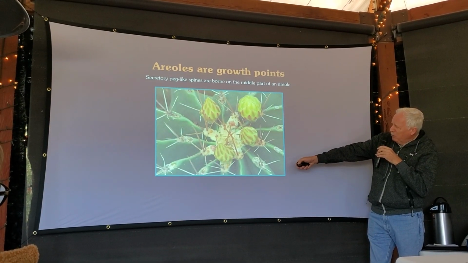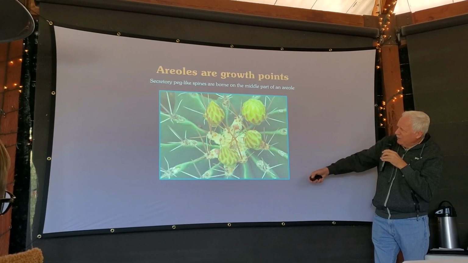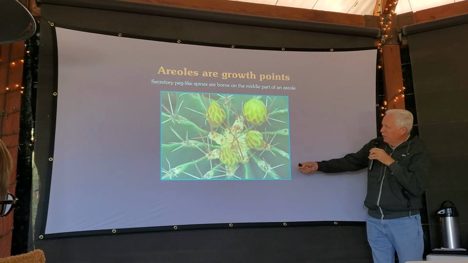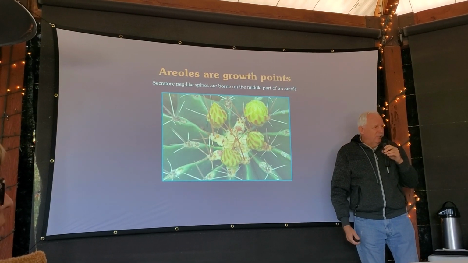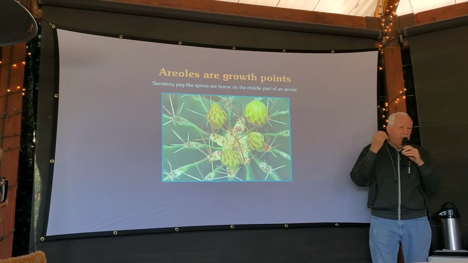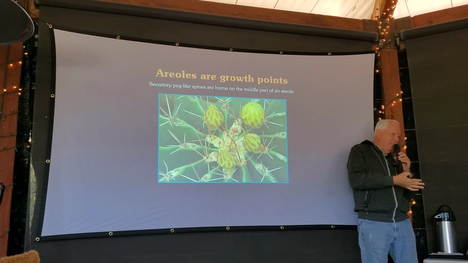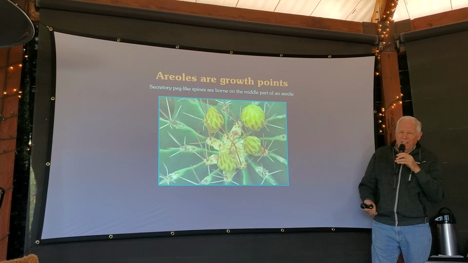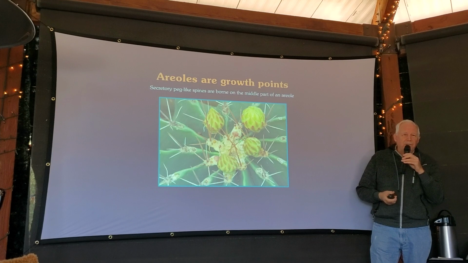So we have the flower part, we have the spiny part, and in between we have those secretory nectaries, the extrafloral nectaries. They produce a kind of sugary substance that attracts ants, and the ants will prevent any other insect to feed on the cactus, so the kind of protection for the cactus.